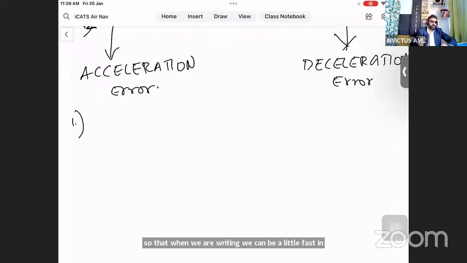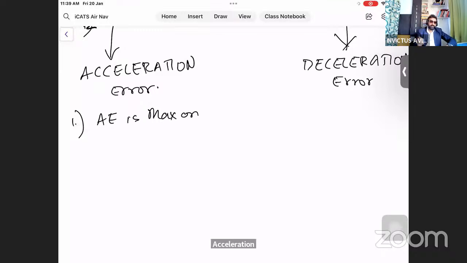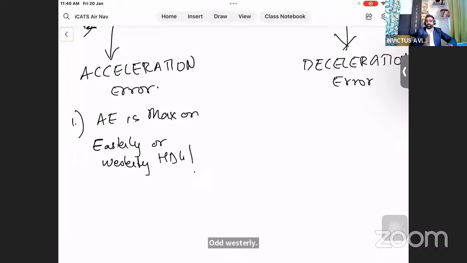Point number 1, you will write: acceleration error is max on easterly or westerly heading. Now, I can give you a question.